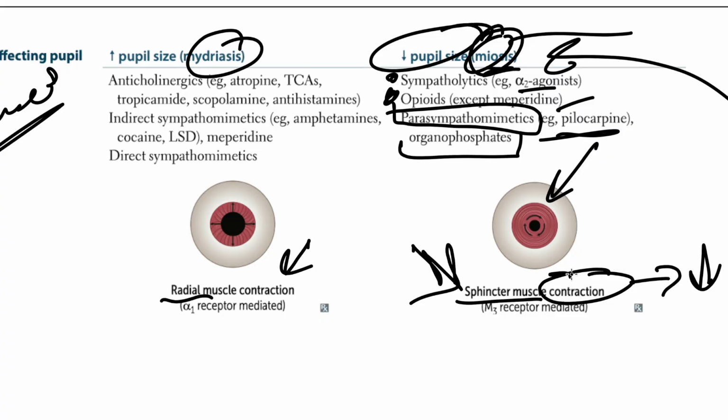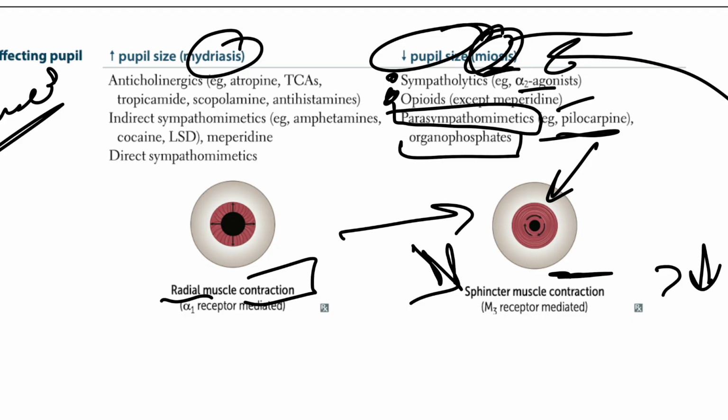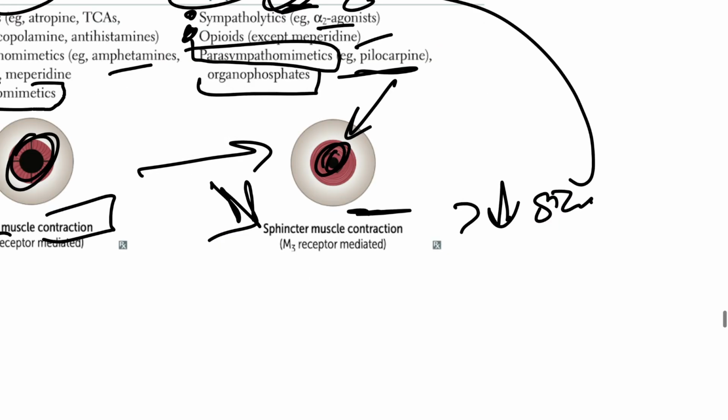Both are contracting, but one causes the pupillary size to decrease, and the other causes it to increase, because the radial muscle is on the periphery. So it stretches the pupil open. Normally, you need direct sympathomimetics, but other drugs are anticholinergics and indirect sympathomimetics like amphetamines, LSD, meperidine, all of that.